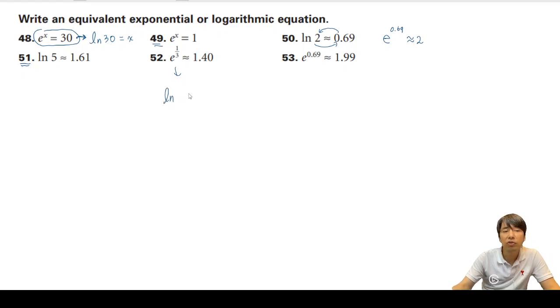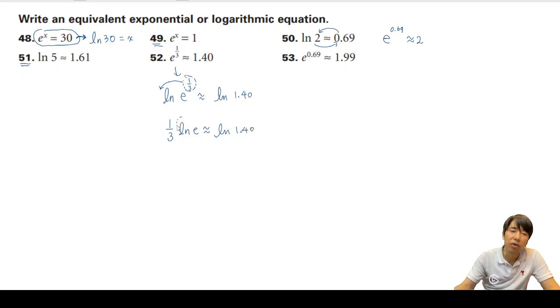So do equal treatment to both sides. ln e to the power of 1 over 3 is approximately equal to ln 1.40. Then the power can be brought in front of this log, so you end up with 1 over 3 ln e is approximately equal to ln 1.40.